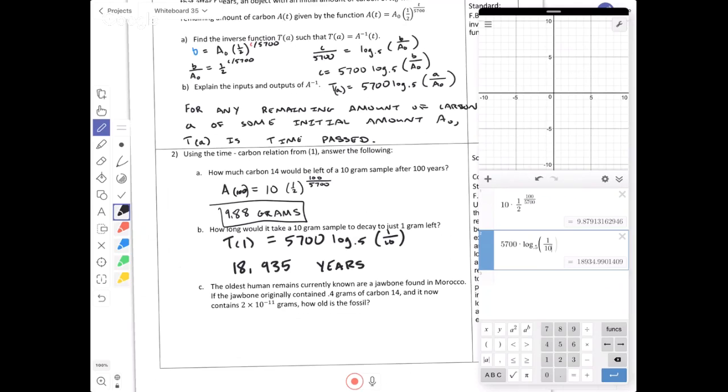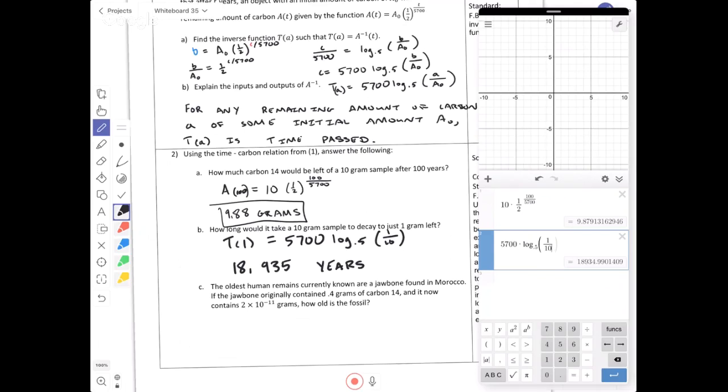And the oldest human remains currently known are a jawbone that was found in Morocco. If the jawbone originally contained 4/10 of a gram of carbon-14, and it now contains 2 times 10 to the negative 11th grams, how old is the fossil? So again, I'm looking for time.